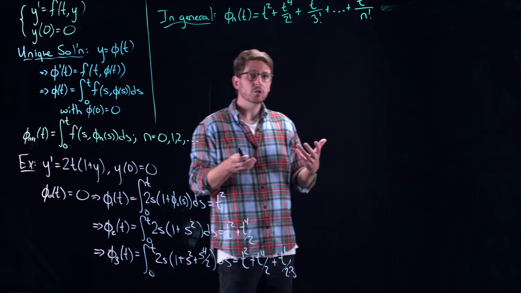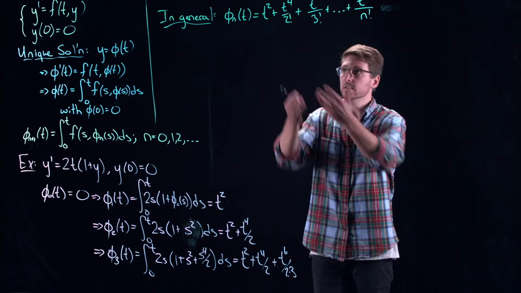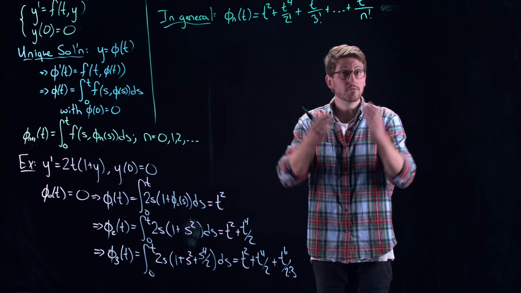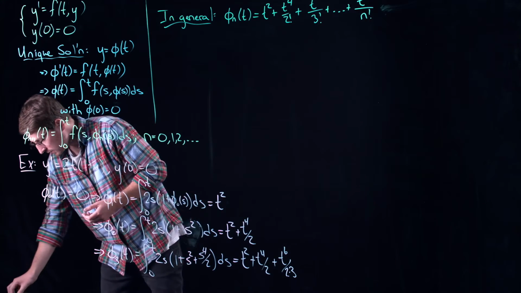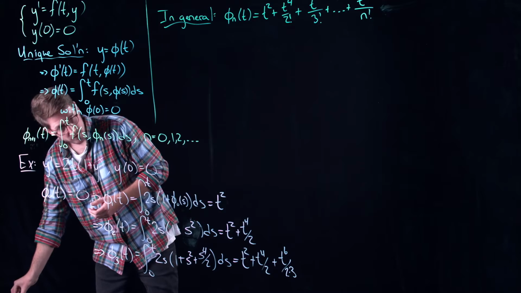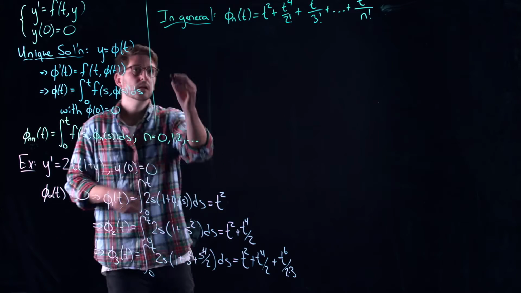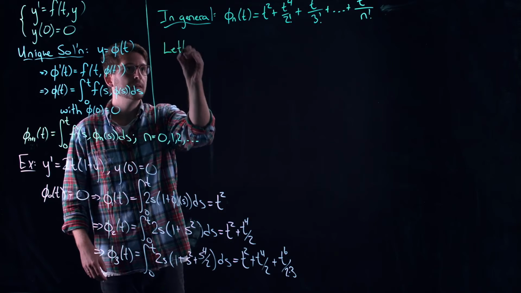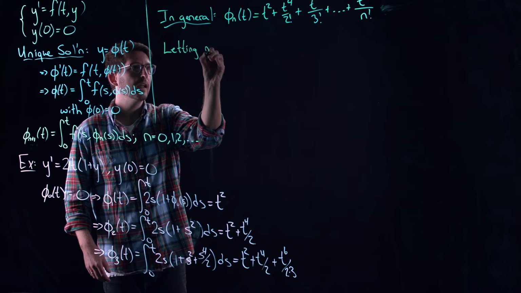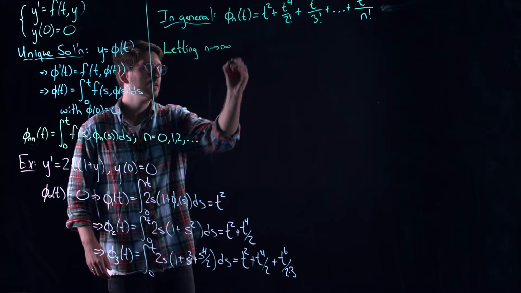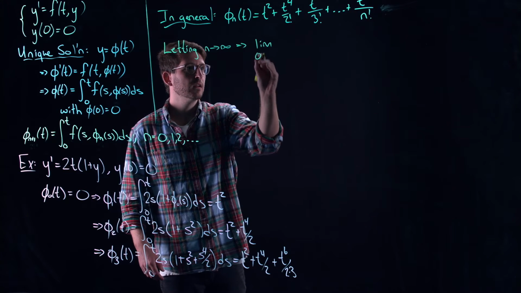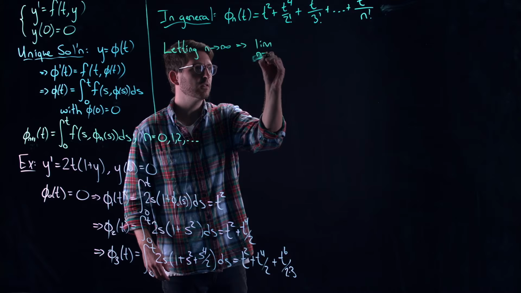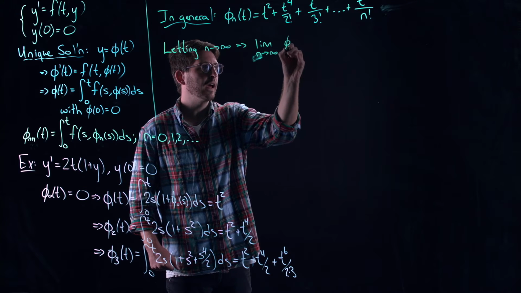But remember I told you that this is the general term phi n. We know that this thing converges as n goes to infinity. So the question is, what should we expect this thing converges to? Well, letting n go to infinity, this implies that the limit as n goes to infinity of phi n of t.